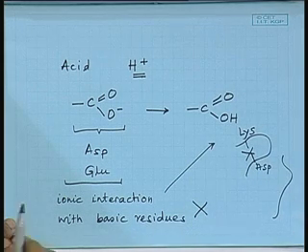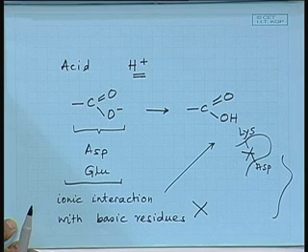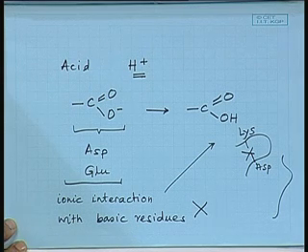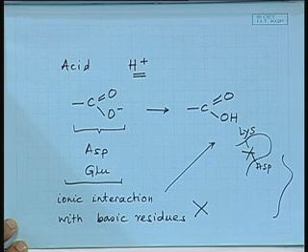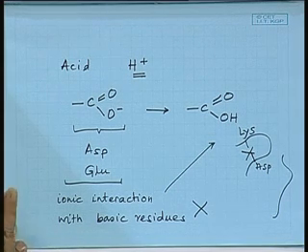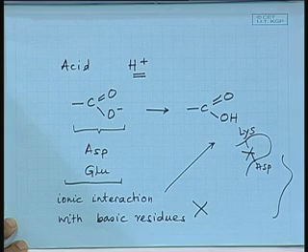Okay? So eventually the idea here is that when you have a denatured structure, you are disrupting the energetics. Denaturation usually does not mean that you are disrupting covalent bond formation.